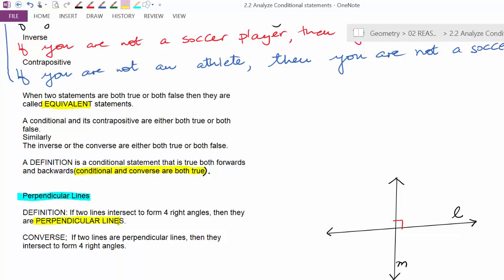The converse is you switch the hypothesis and the conclusion. If two lines are perpendicular lines, note now the word perpendicular is part of the hypothesis, then they intersect to form 4 right angles. And this is a definition which is true both backwards and forwards.